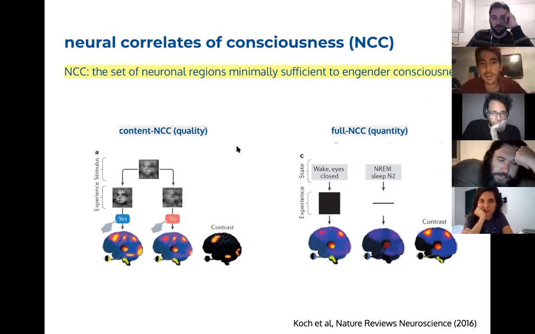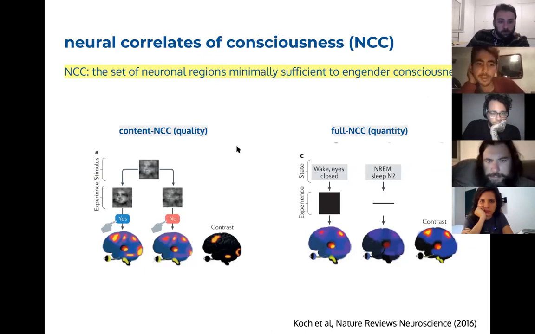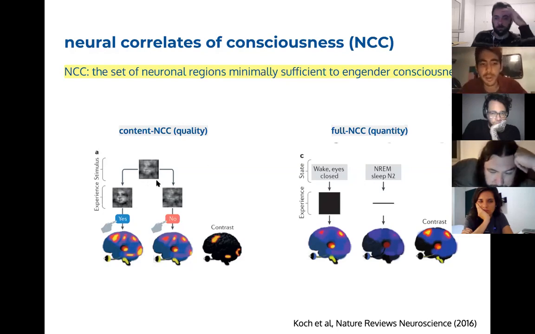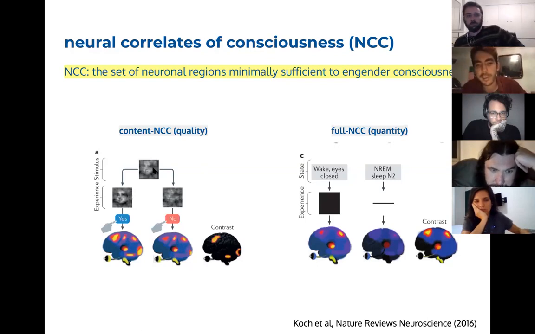So what you do is similar to what I was telling you, contrasting brain regions. In this first case, you're looking for specific correlates of a particular content of consciousness. So you would show a face that's hard to see. You flash this face, and sometimes you see it and sometimes you don't.